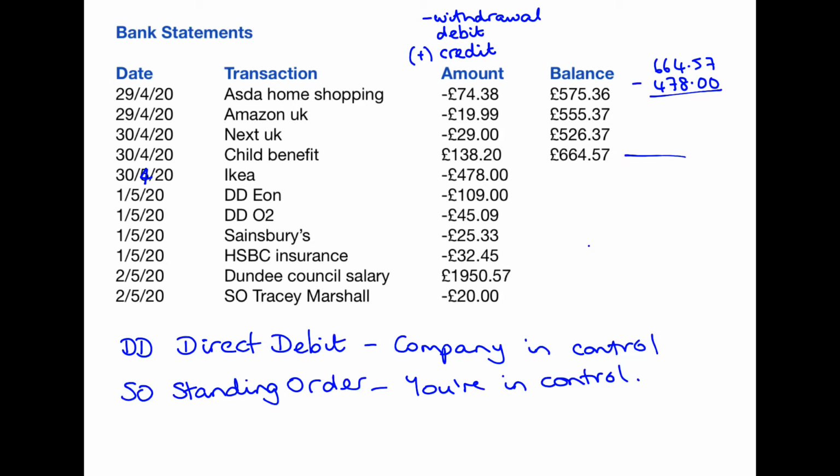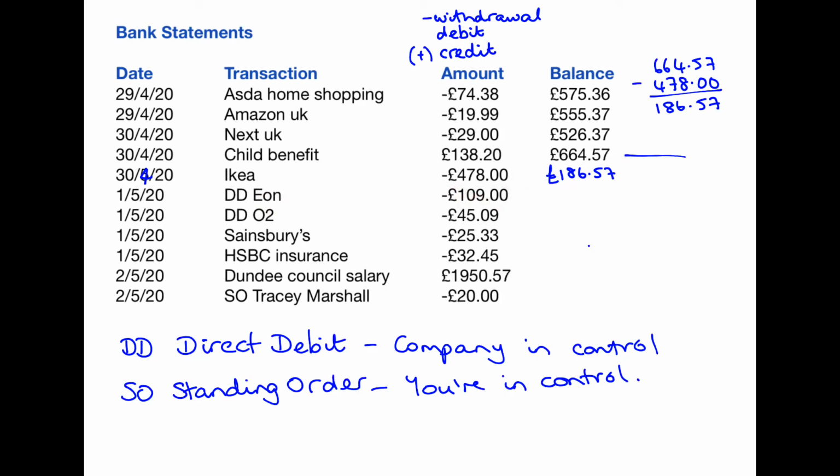Although, to be honest, often it's just as quick to do it yourself. So £664.57 take away £478 leaves us with £186.57. So that's what would go in the balance column there. Then we can see there's a direct debit that goes to E.ON, so that's gas and electricity, for £109.